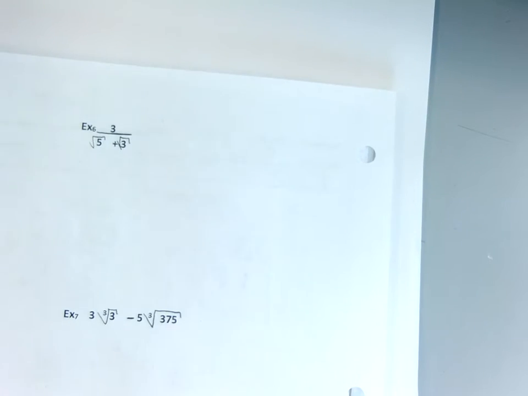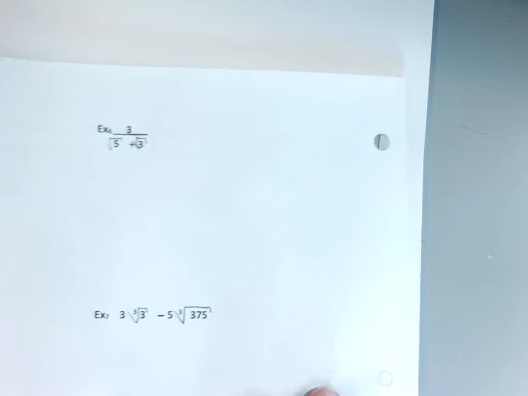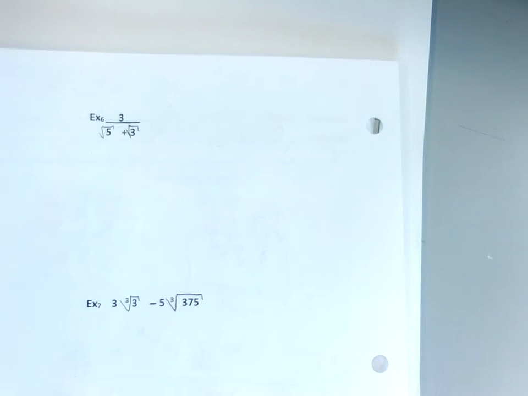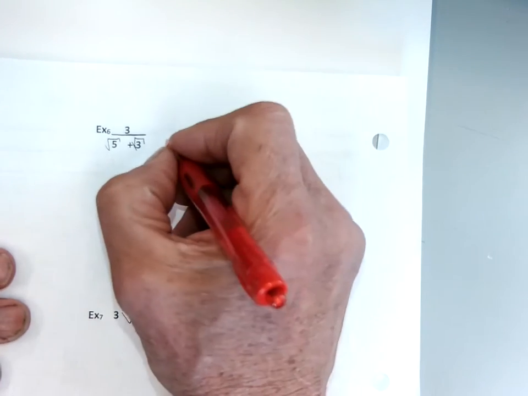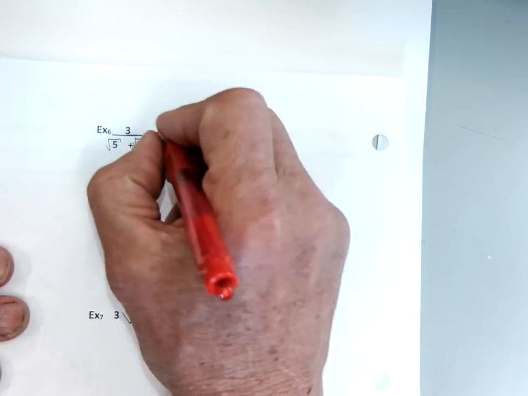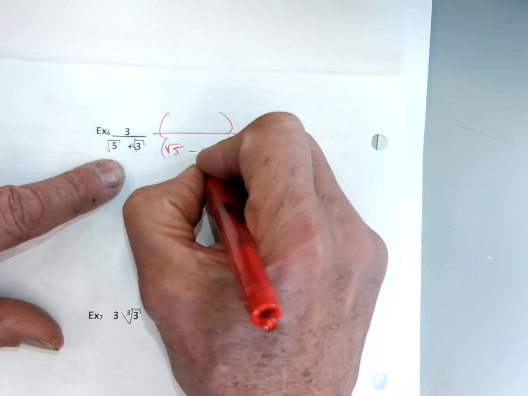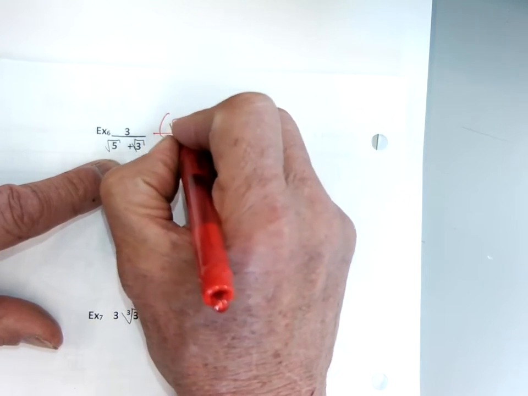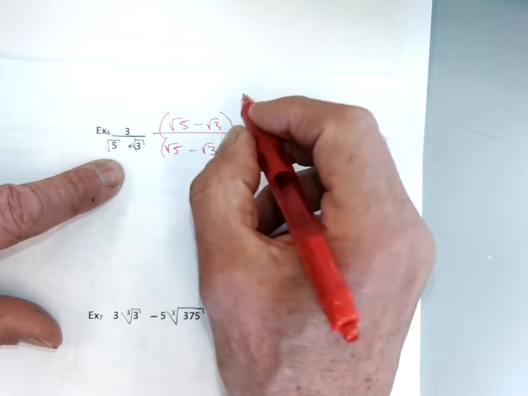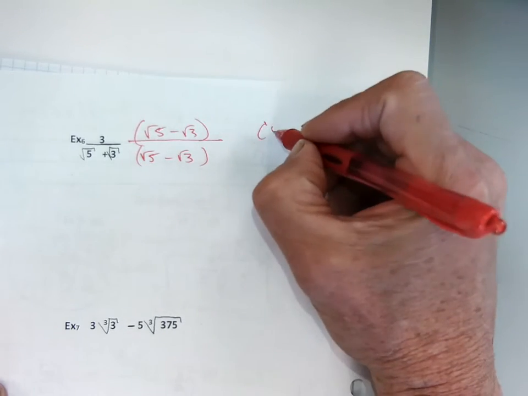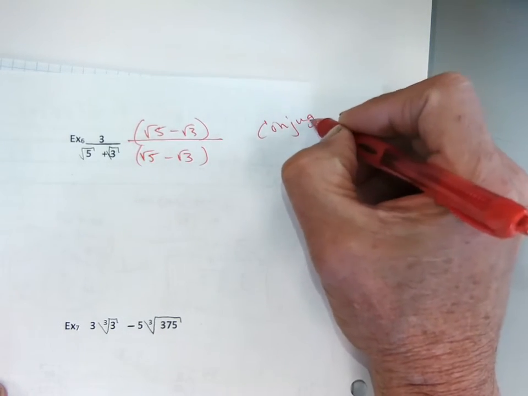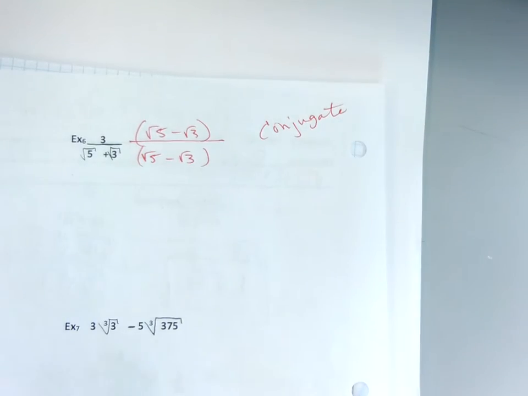Okay, example 6. Same thing. We're going to multiply by the conjugate, the opposite of this: square root of 5 minus square root of 3, and square root of 5 minus square root of 3. The opposite is called the conjugate. And I'm going to multiply.